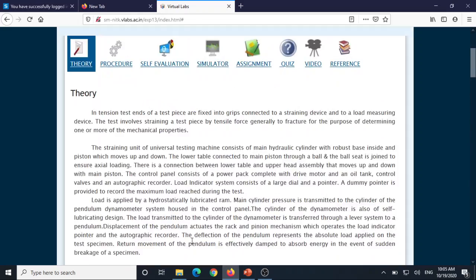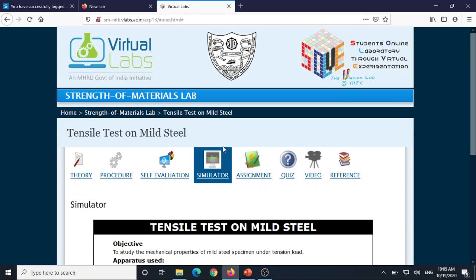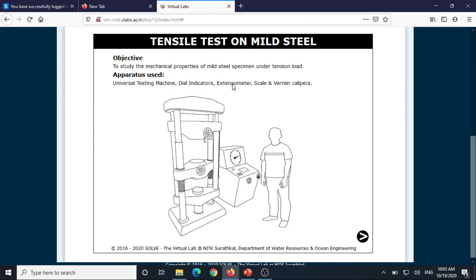So let me go to the simulator. This is the simulator tensile test apparatus. Here you have a load indicator. Here you fix the extension meter and the dial indicators for measuring the extension of the mild steel specimen, and use a linear scale and vernier caliper for measuring the dimensions.